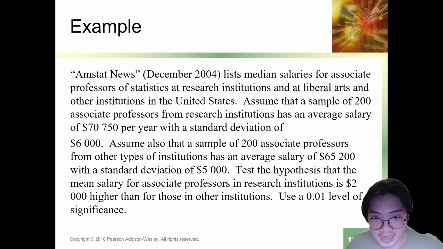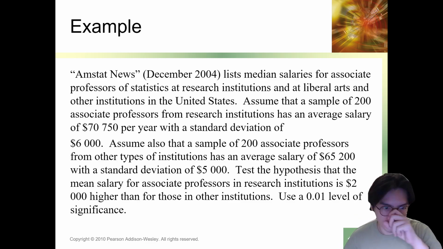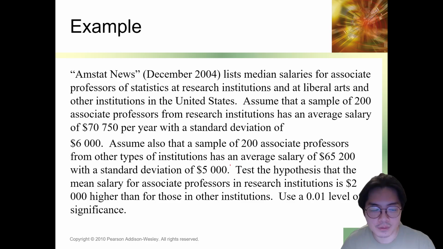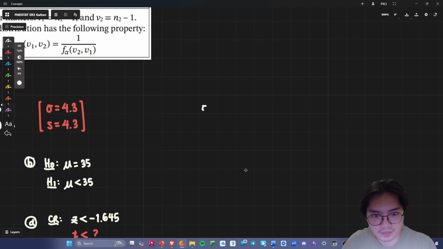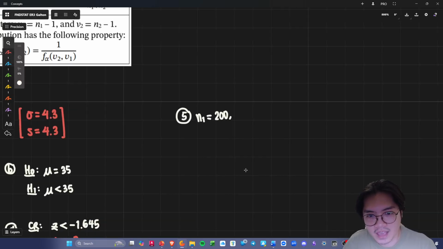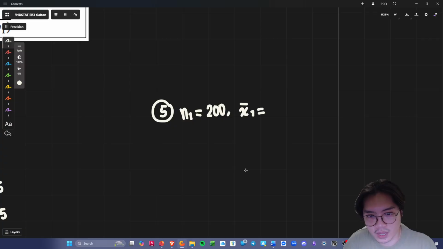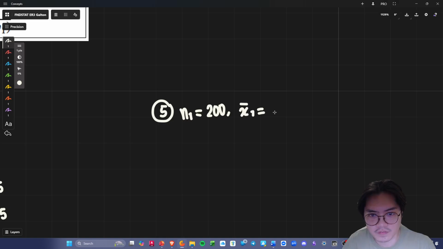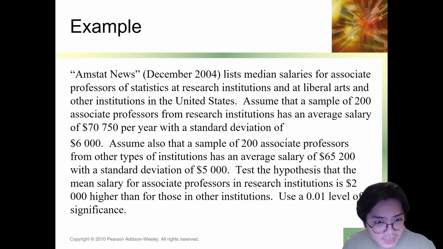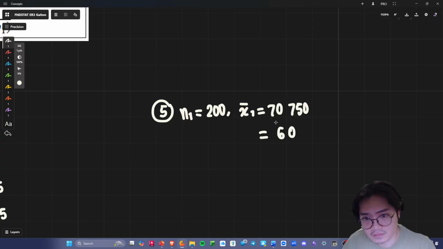There is a lot going on here. All right, let's try this out. Let's start with the sample: n1 is 200, and then they have an x-bar 1 of $70,700, with a standard deviation of 6,000.